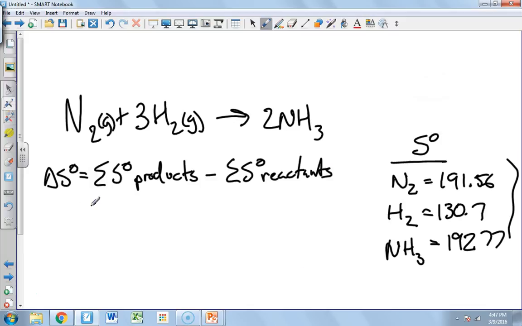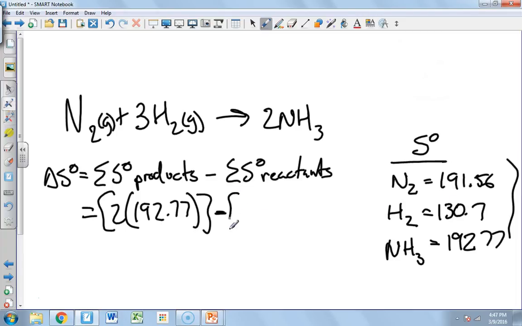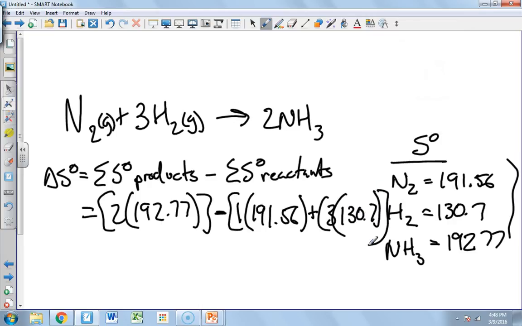So this is going to equal, for the products, 2 moles times its S naught, 192.77, minus the reactants, so 1 times 191.56, plus, that's what summation means, 3 times 130.7. Okay, so now I'm going to do some math.